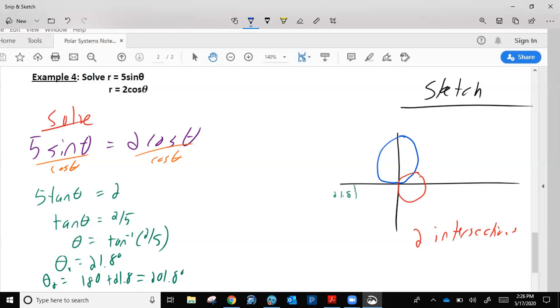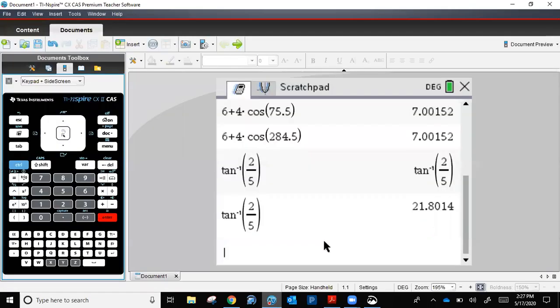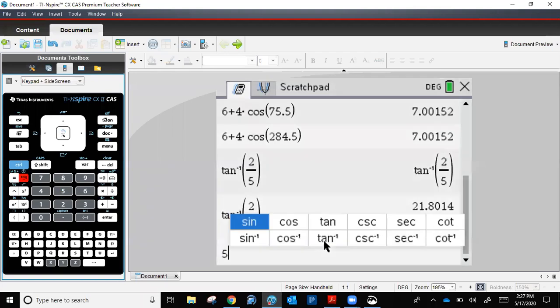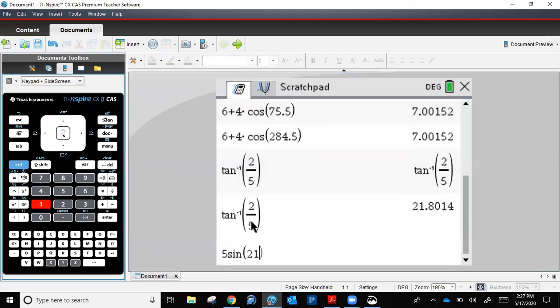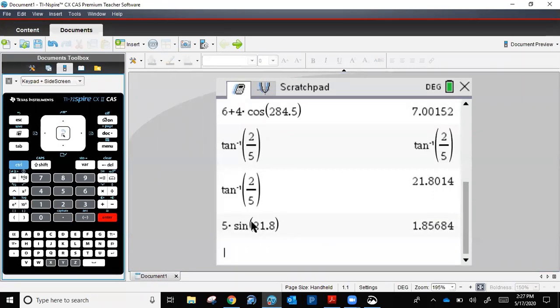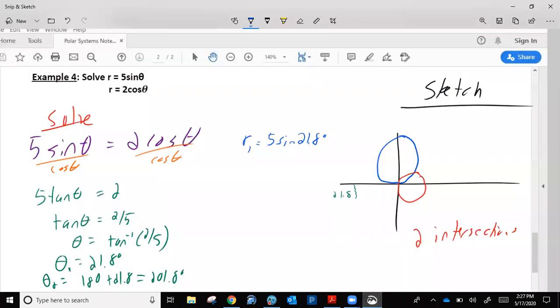If I plug it back into the original, first radius is 5 sine 21.8 degrees. So calculator, 5 sine 21.8. We get about 1.9, I will say.